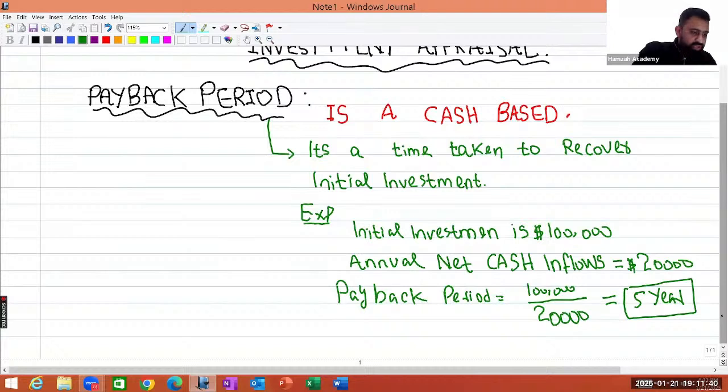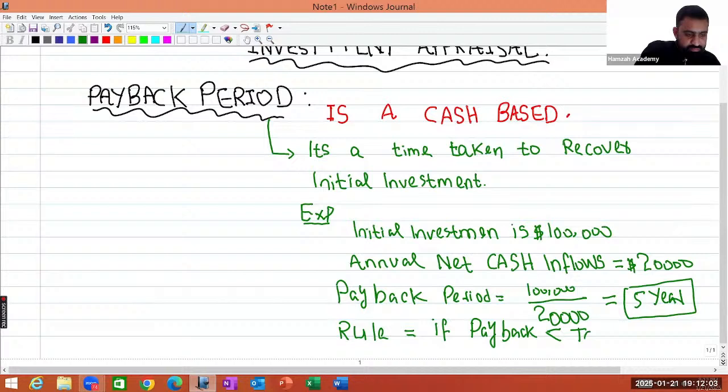And the decision rule here, according to payback period, we will select the project if payback is less than the target set by the company.